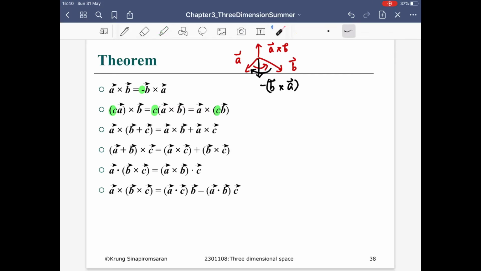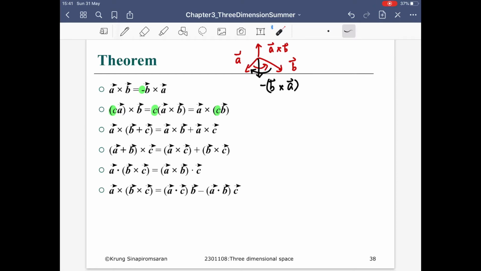However, the third property says that your A cross B plus C is the same thing as when you multiply with a real number, so you can distribute your A to the B and you can distribute your A to the C. However, because of the first property, you cannot switch the order between A and B. It must be A first, cross B, okay?